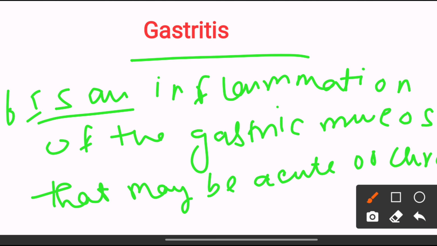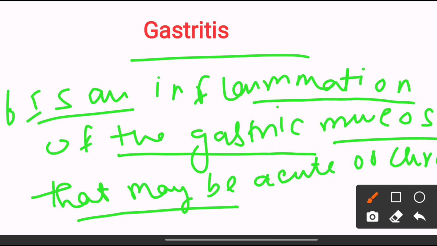It is an inflammation of the gastric mucosa that may be acute or chronic. It is known as gastritis.